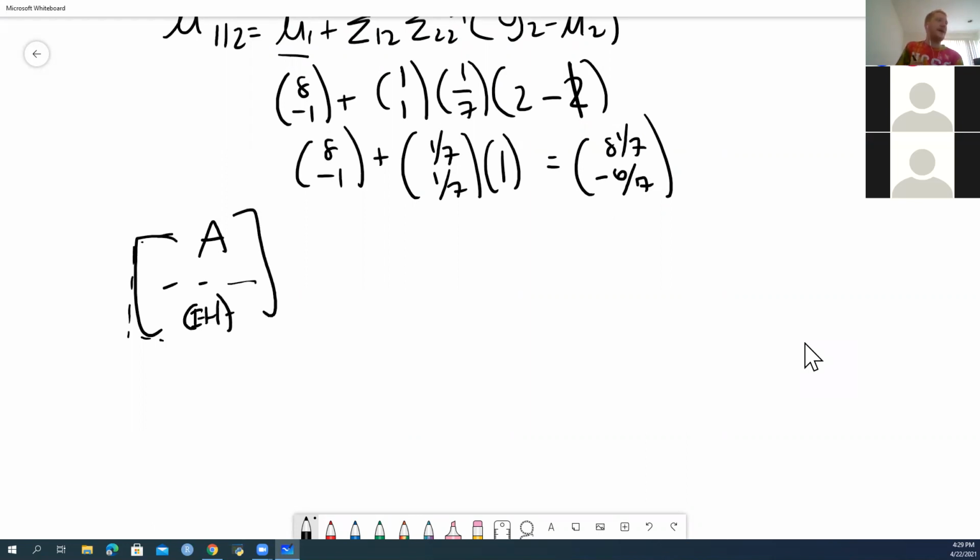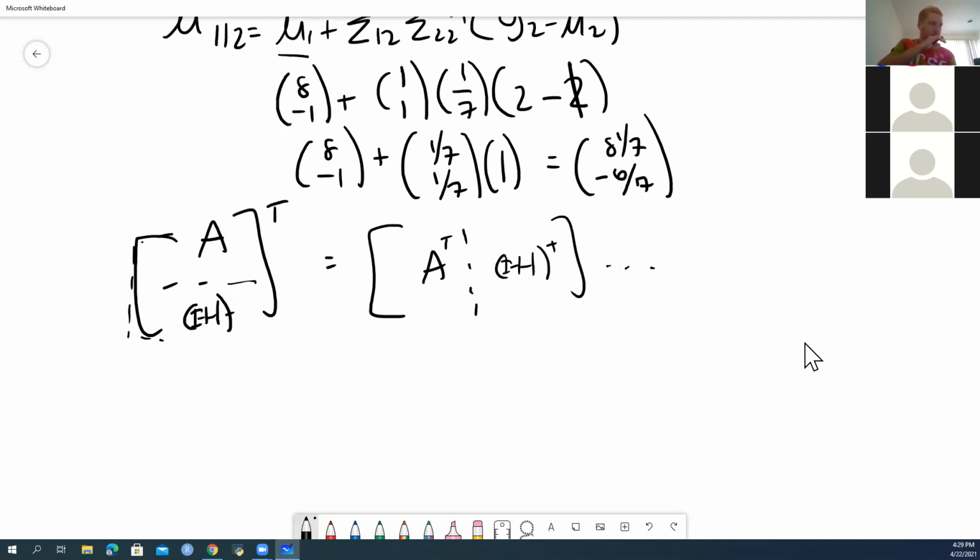Just for reference, A times I minus H, transposed, is equal to A transpose, I minus H transpose, and so on. Is that right?